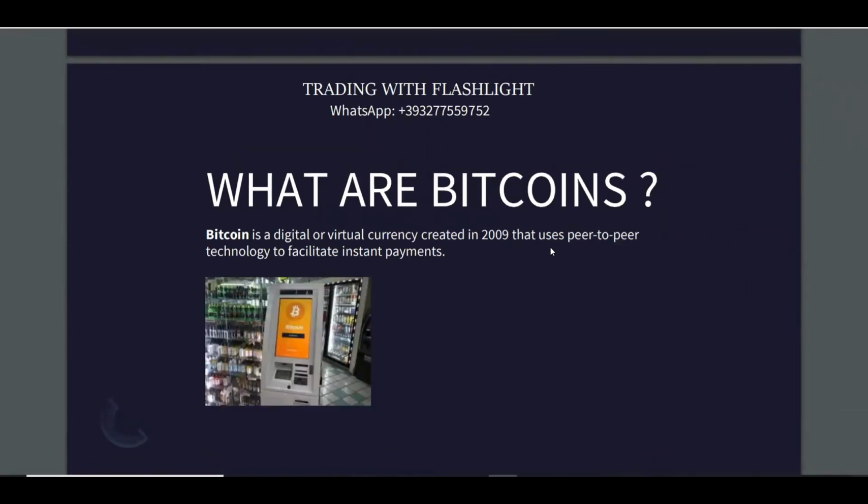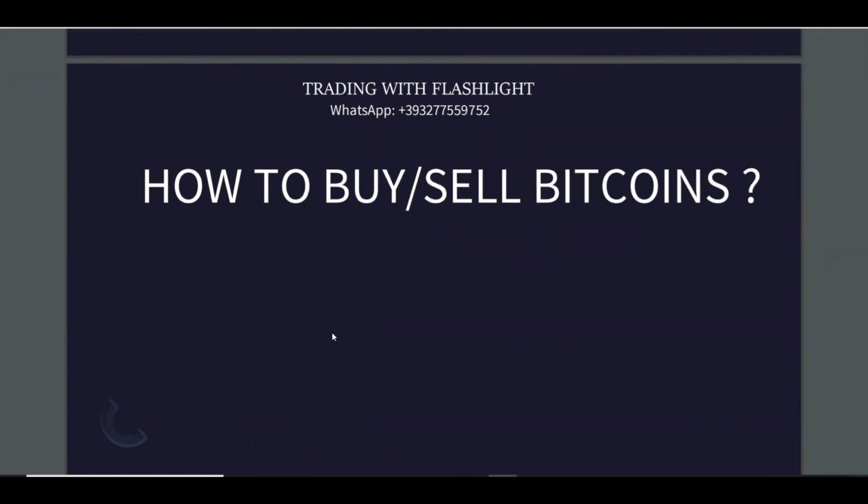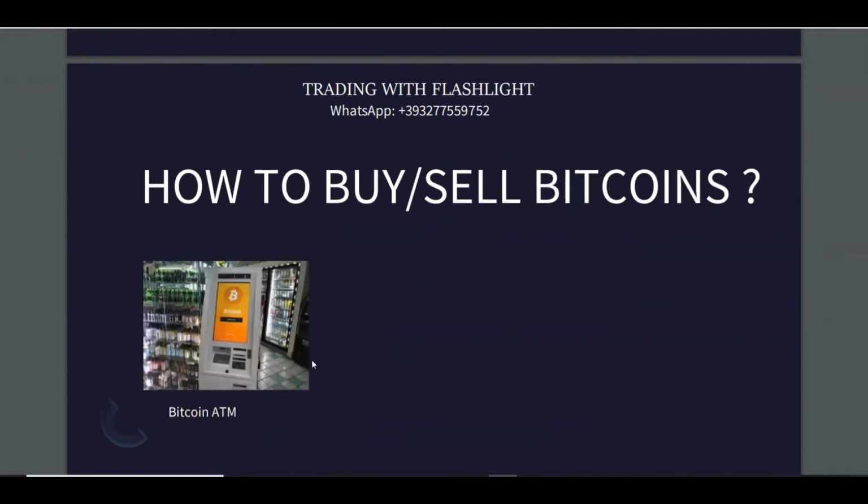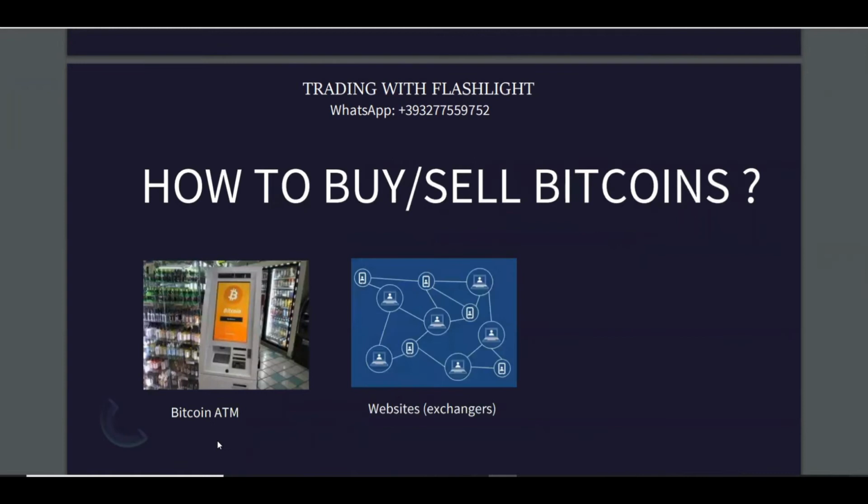Now, you have ATMs in some countries like South Africa and some countries in Europe, America, Asia, and Africa too. So you have Bitcoin ATMs, as I said. An ATM is an automated teller machine.